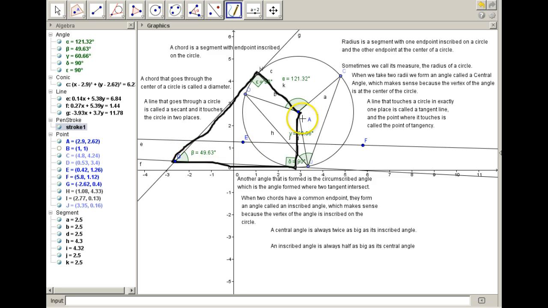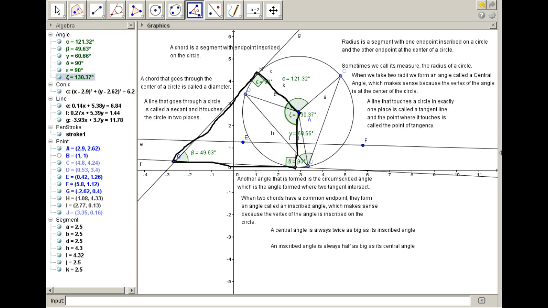There's a relationship between the circumscribed angle and this central angle that is formed between the two tangent lines. So let's measure that out. Ready? Watch this. Let's measure angle HAI. And you can see that it measures 130.37 degrees.